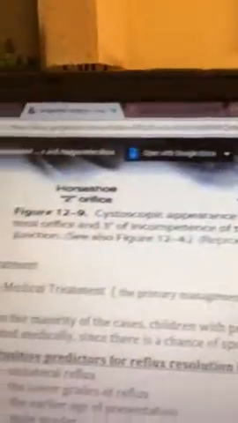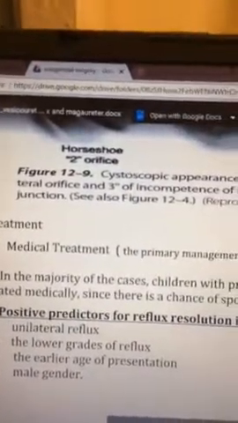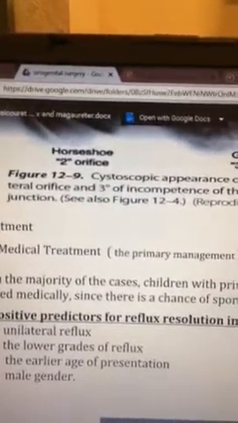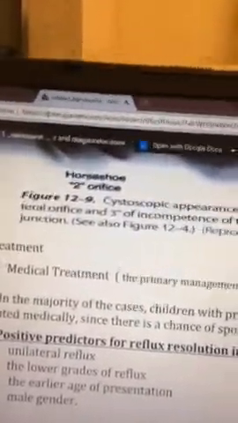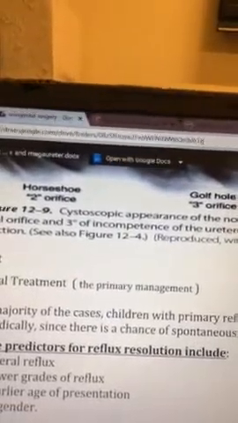The treatment of VUR, first, the medical treatment. In the majority of cases, children with primary reflux are initially treated medically, since there is a chance of spontaneous resolution.